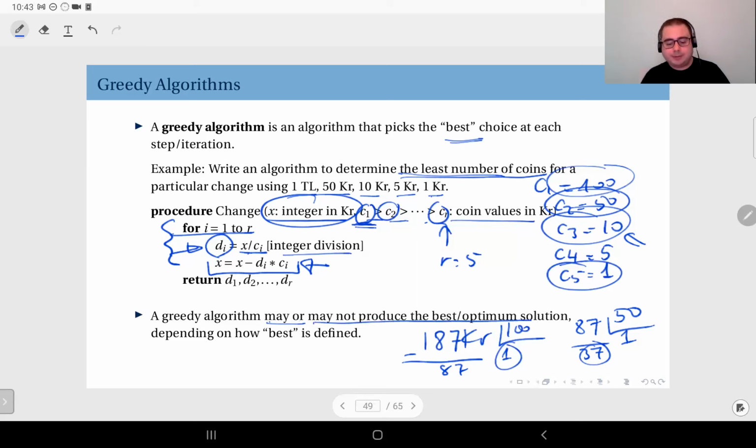And again, this depends on how you define what is best and what is optimum. And at each step, you are trying to build or increment your solution as it looks the best. But the best direction within your path may not lead you to the best ever solution. So greedy algorithms, sometimes they produce the best solution and sometimes they may not.